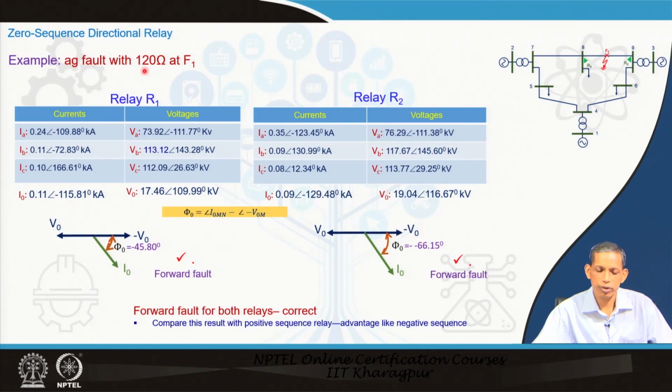So RF has no effect, that is true. For R2, the corresponding phi 0 comes out to be minus 66.15 degrees, the same. So it is a forward fault for both relays, which is correct. Compared to positive sequence, this has an advantage and is similar to the negative sequence perspective.